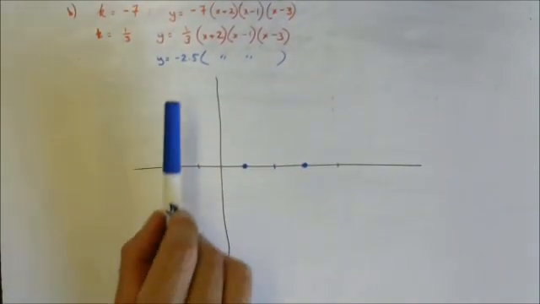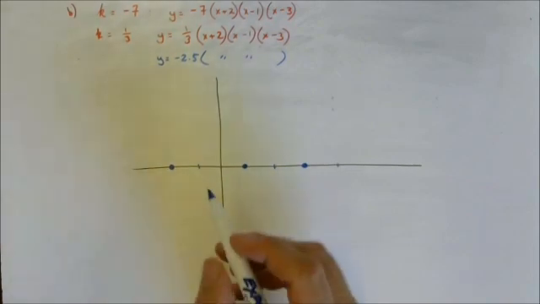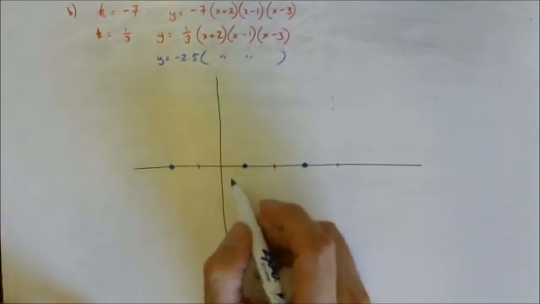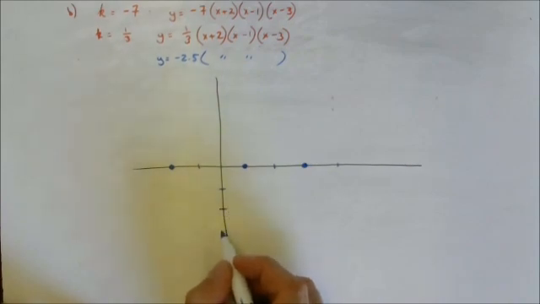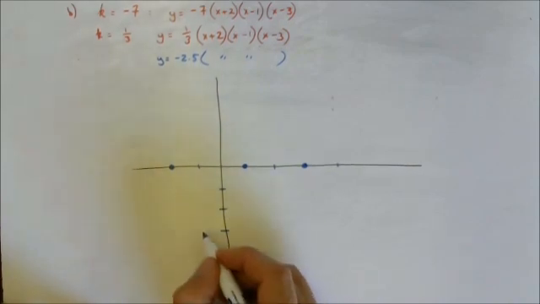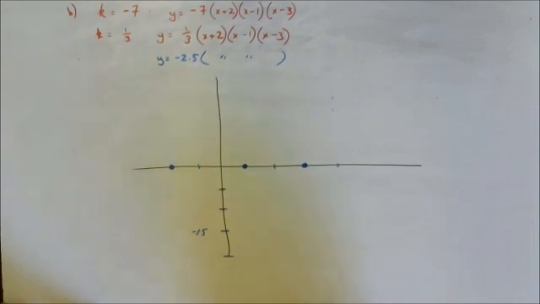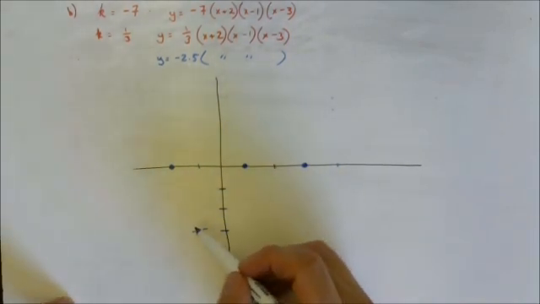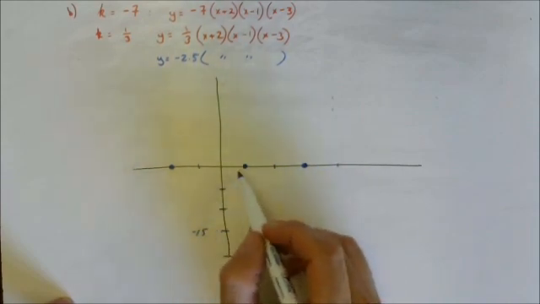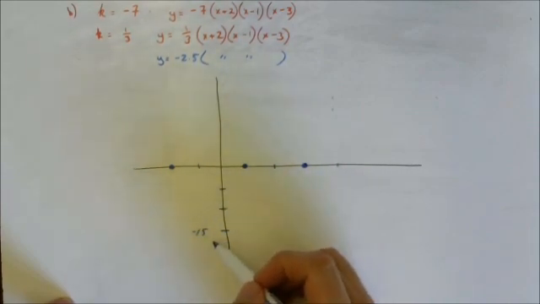We know that the last one we did, I'll do it in blue as we did, has a y-intercept of negative 15. So maybe here we'll just go 5, 10, 15, 20. So that's negative 15. It looks like it's going to be coming back up. So basically, the minimum point here will split this.